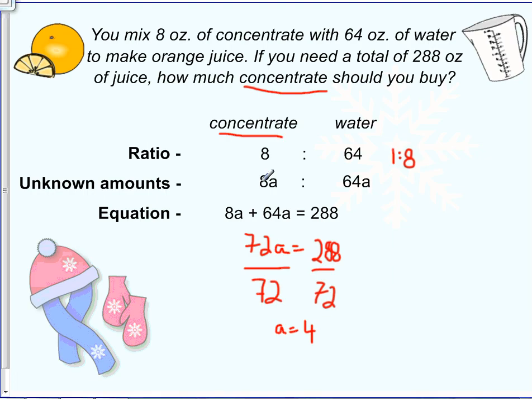I know that my unknown amount is 8a, but now I know what a is, so I'm going to do 8 times 4 and get 32. And that is how many ounces of concentrate I'm going to need to buy in order to make the 288 ounces of juice. All right, so it's very self-explanatory. It's all about how to set up the problem.